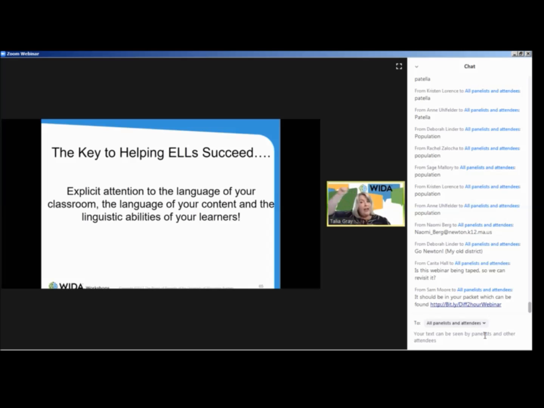We need to take off our reading hat and put on our scientist hat. And just that differentiation between the content area subjects, just that little thing of taking off your reading hat and putting on your science hat helped me to be more explicit in my language instruction. So little things like that are important.